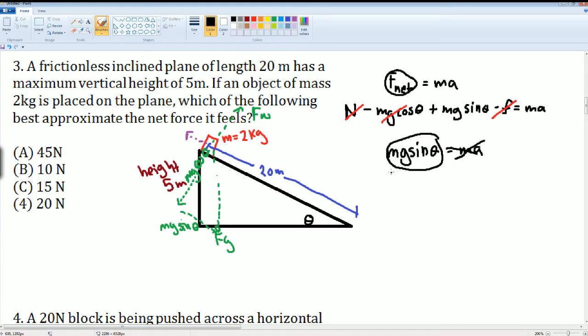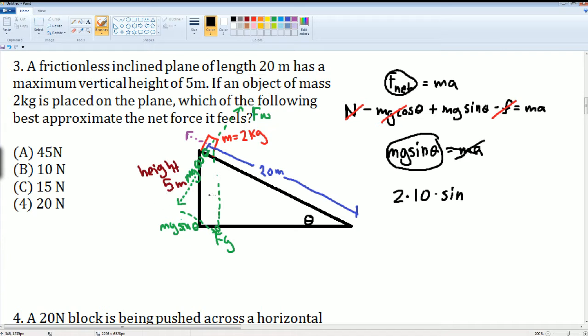So your mass is 2 kilograms, times gravity, which is 10, times sine of theta. But what is theta here? Some of you are like, what? This is why they give you the height and the hypotenuse.